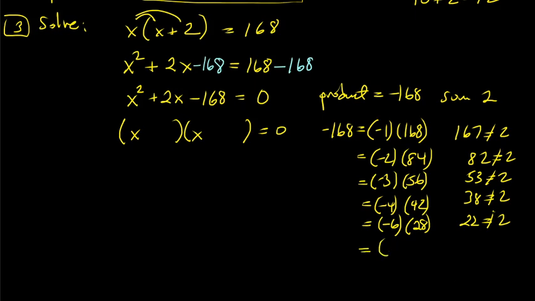What about 7? 168 divided by 7. Oh, yep, 24. And 24 minus 7 is 17, which is still not 2.